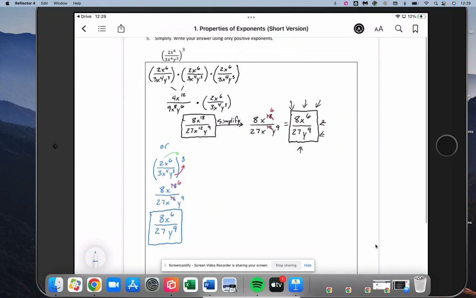But if you get to the place that I'm going to highlight right now, if you're able to get this far, and that's what I was asking you to do in the problem, be able to do the laws of exponents and stuff, then that's what I'm going to base your score for that problem off of, not on whether or not you simplified the fraction at the end.